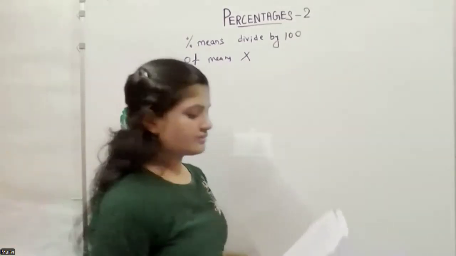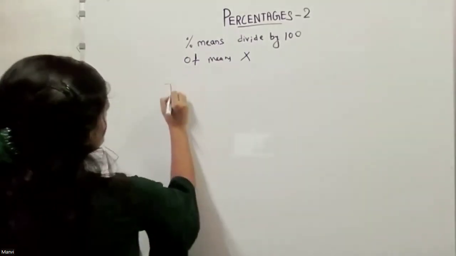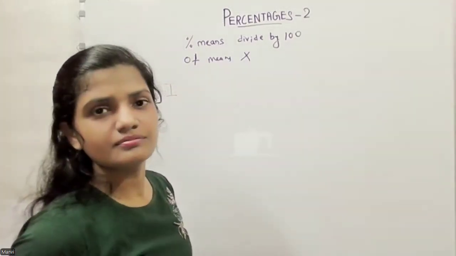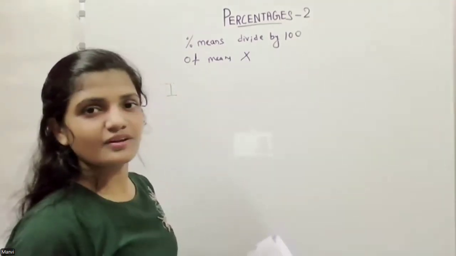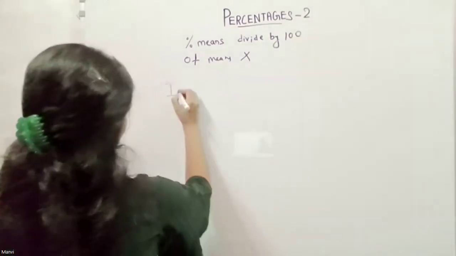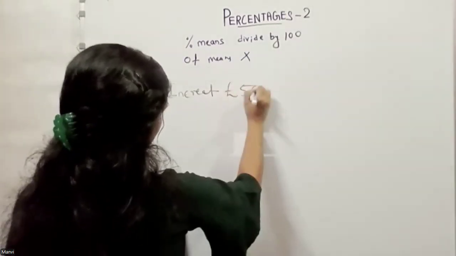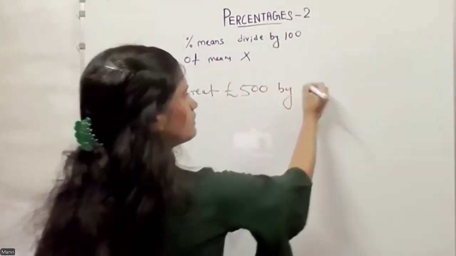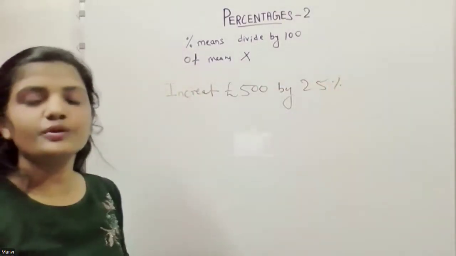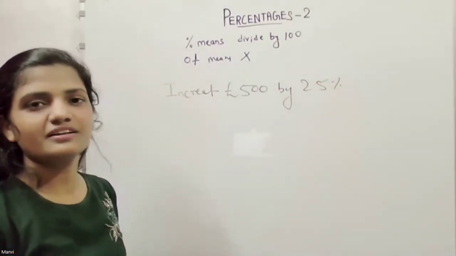Okay. Now try one more question. Do you want to do an increase question or a decrease question first? Increase. Okay, so increase 500 pound by 25%. You can try the easier way first, then you can maybe find the answer very quickly.